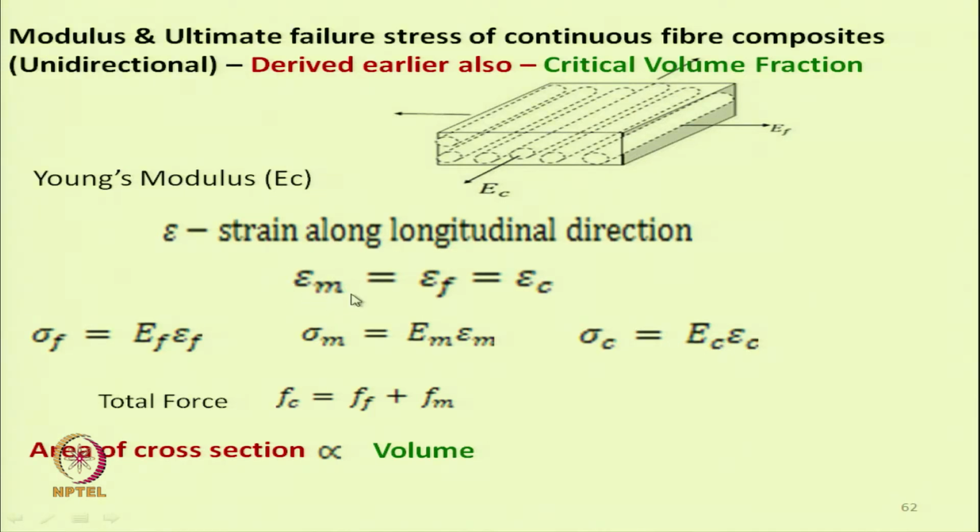So, epsilon m is the strain of matrix, epsilon f is strain in fiber, and epsilon c is strain in composite. So, stress can be measured by multiplying the modulus with the strain. So, total force is normally the addition of the force on fiber and force on matrix.